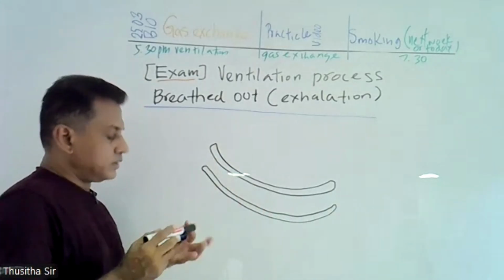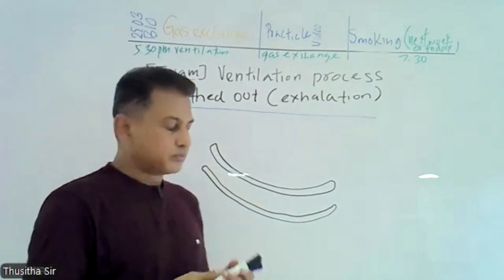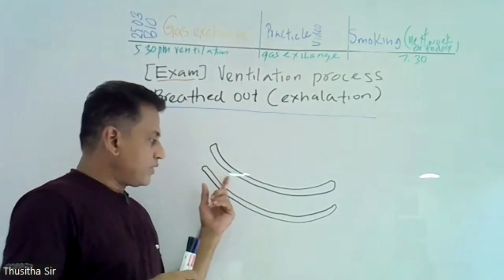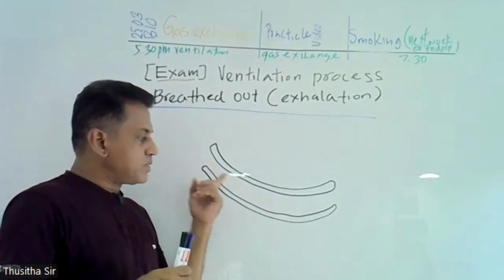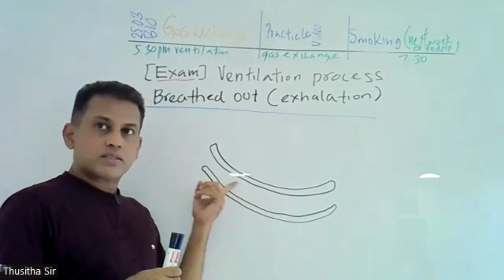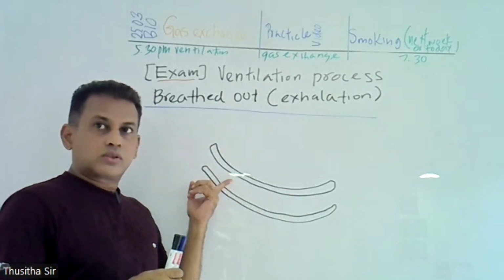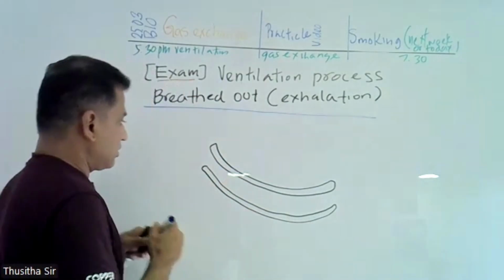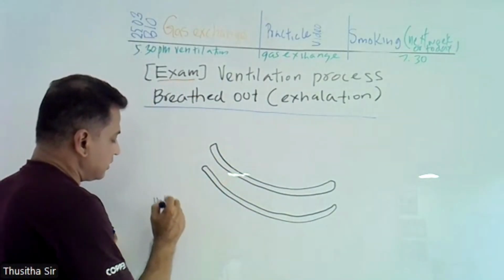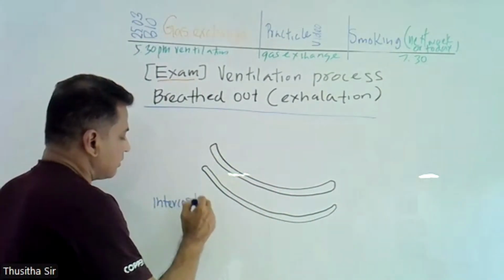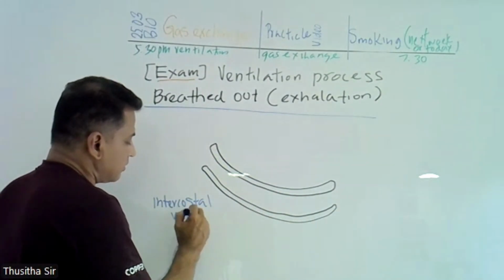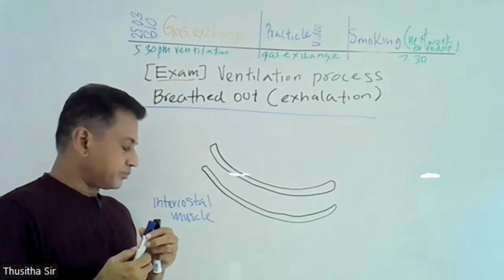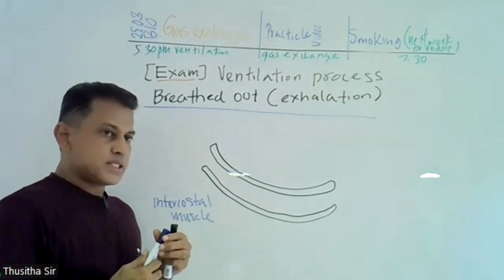When we consider between ribs, what we can see here between ribs, muscles, right? The muscles are called the intercostal muscle. The intercostal muscles are two types.